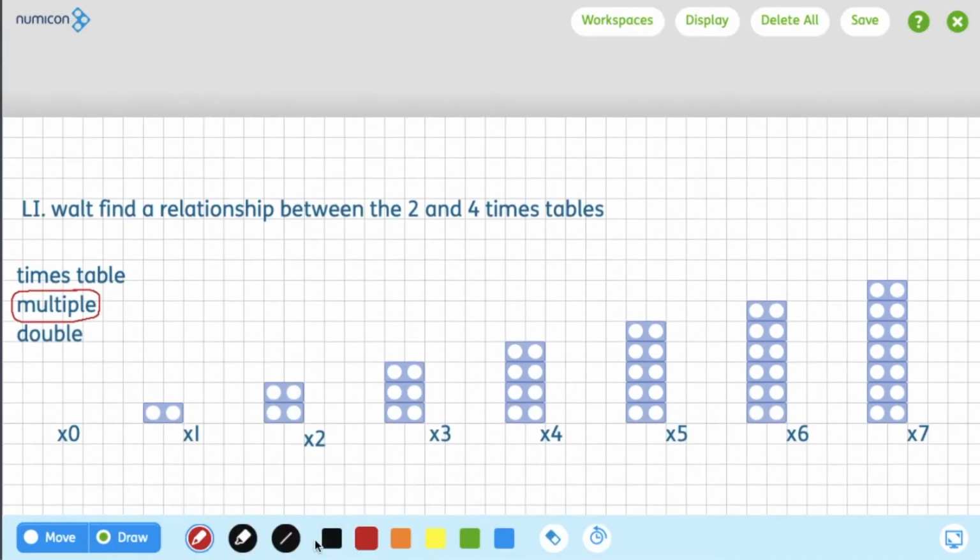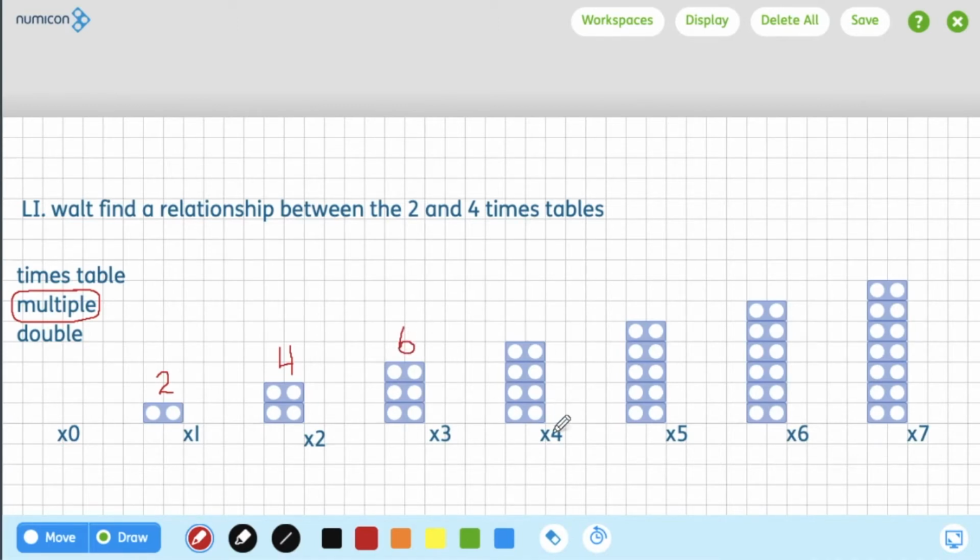I'll draw again actually. If I have 2 2's, that's my second multiple of 2, I have 4. If I have 3 2's, that's my third multiple of 2, I have 6.